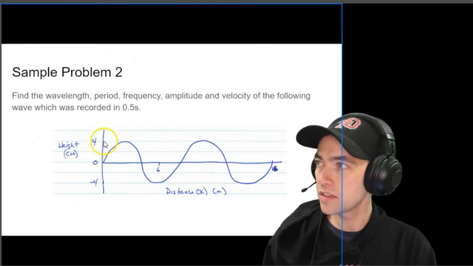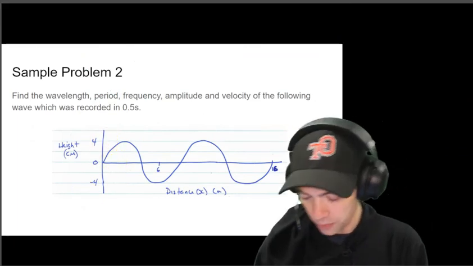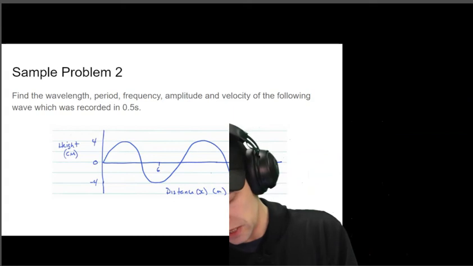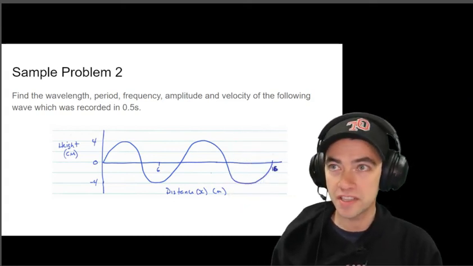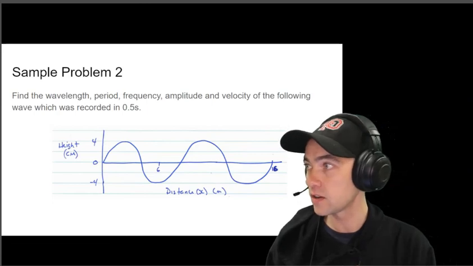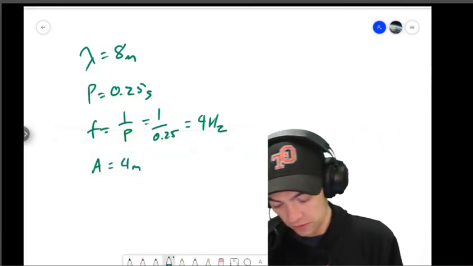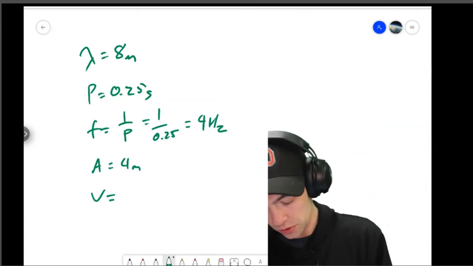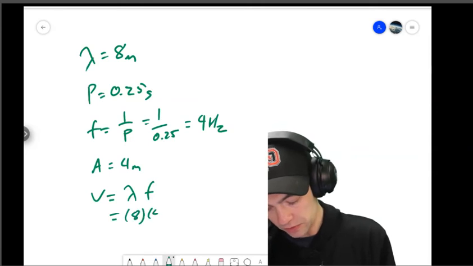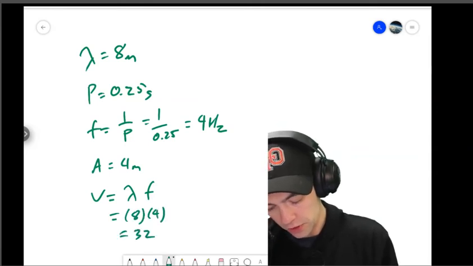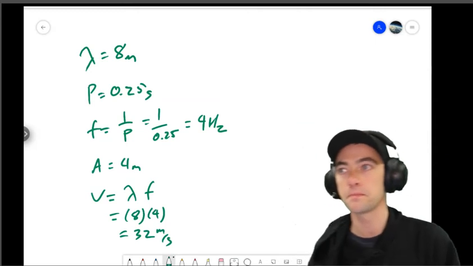I would say that our amplitude is going to be 4 meters high. The last question it's asking for is velocity. That's going to be equal to wavelength times frequency, which is 8 times 4, so 32 meters per second.